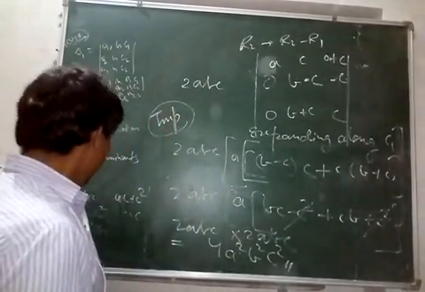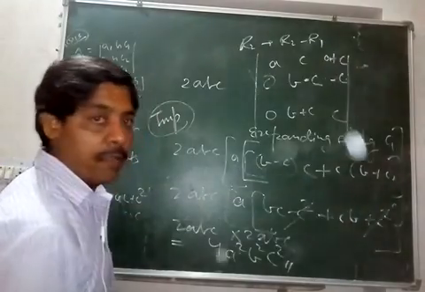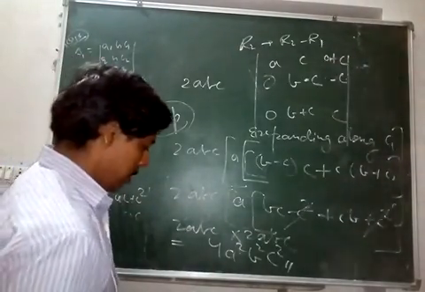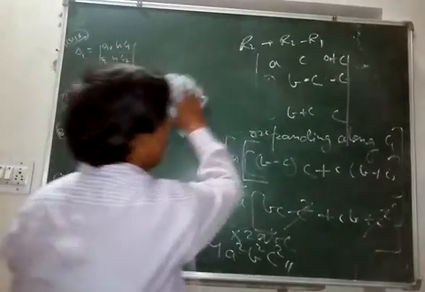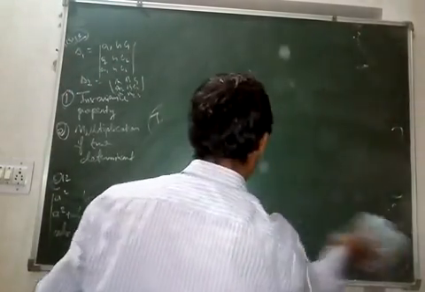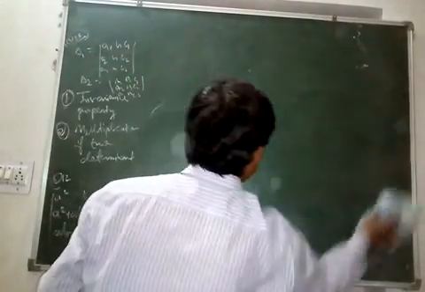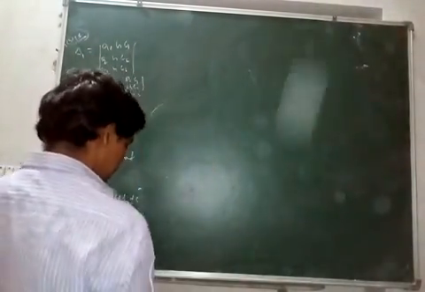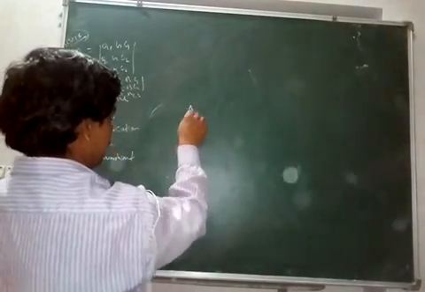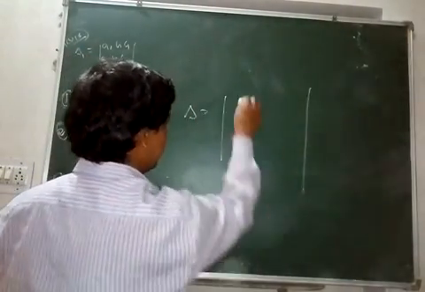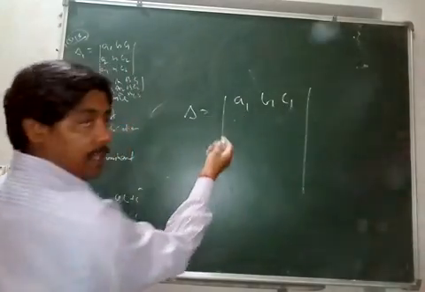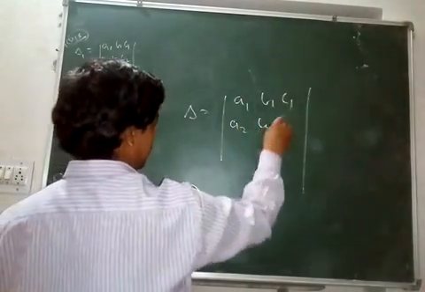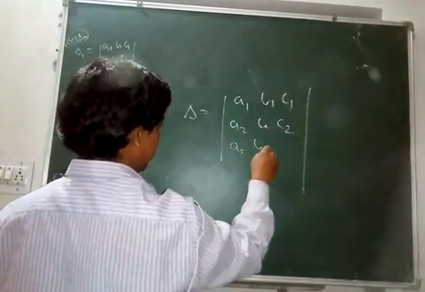So I'll quickly tell you what is the meaning of multiplication of two determinants. Just like multiplication of two matrices, we have multiplication of two determinants, and this you can study in detail. But right now with a simple example, suppose we have delta equal to A1 B1 C1, A2 B2 C2, A3 B3 C3.